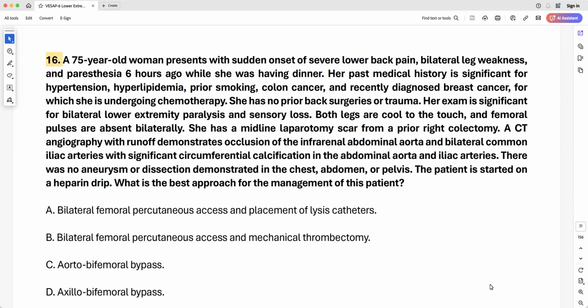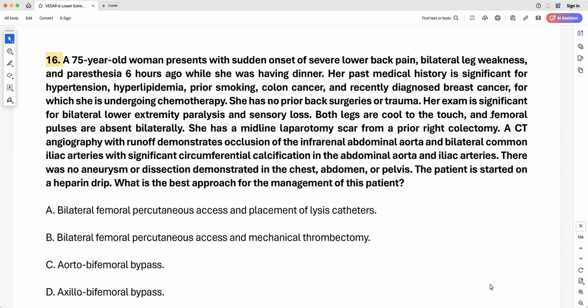She has a midline laparotomy scar from prior right colectomy. A CT angiography with run-off demonstrates occlusion of the infrarenal abdominal aorta and bilateral common iliac arteries with significant circumferential calcification in the abdominal aorta and iliac arteries. There was no aneurysm or dissection demonstrated in the chest, abdomen, or pelvis. The patient is started on a heparin drip. What is the best approach for the management of this patient?